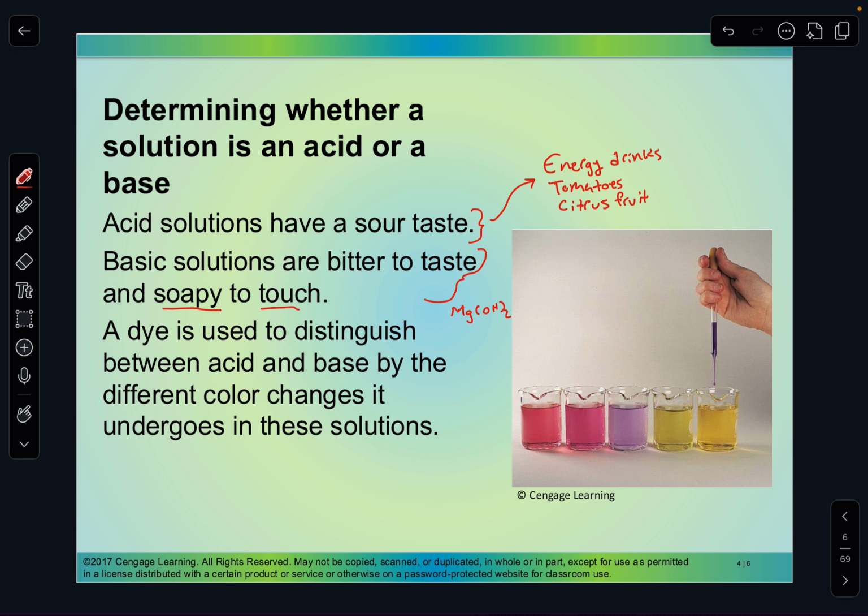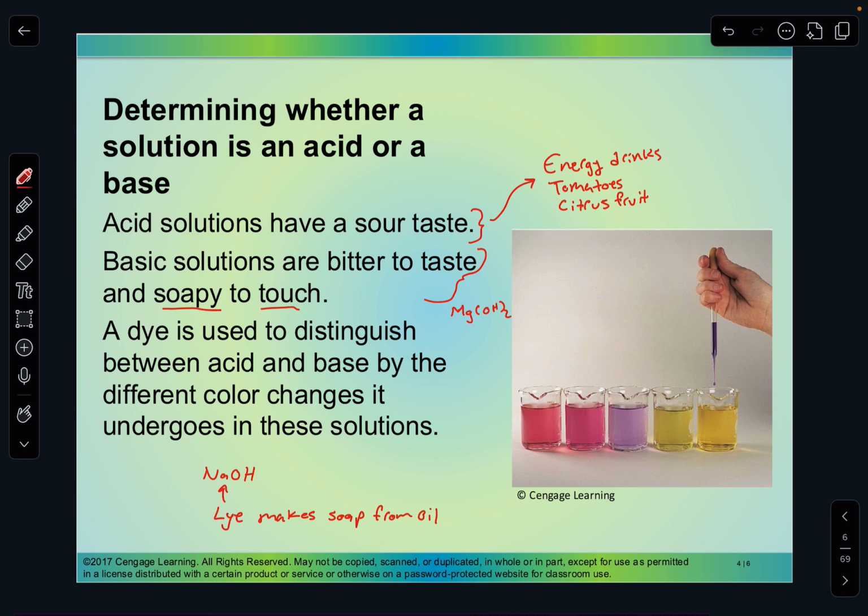And that's because NaOH, for example, is also known as lye. Lye is what has been used for generations to make soap, and it makes it from oils.